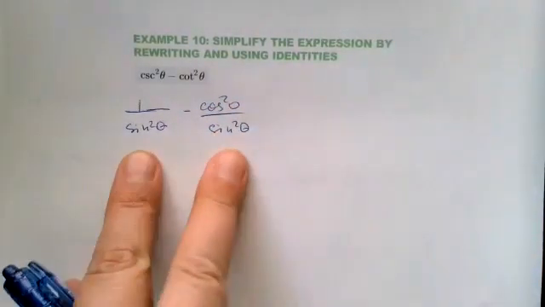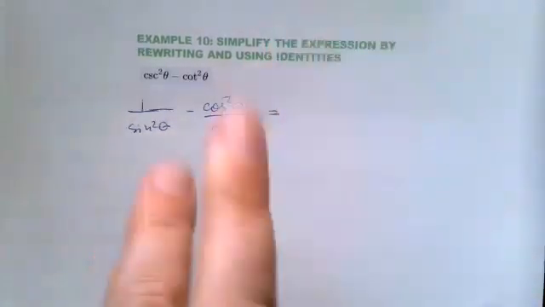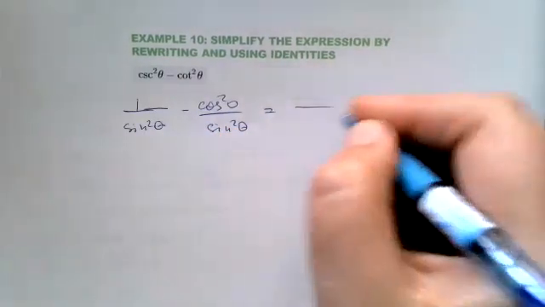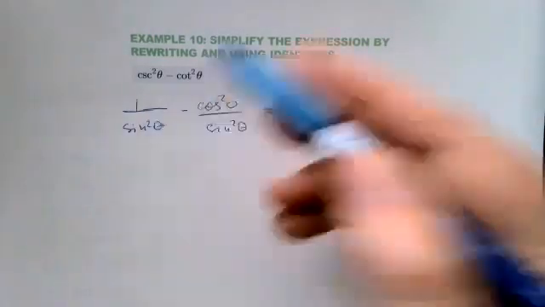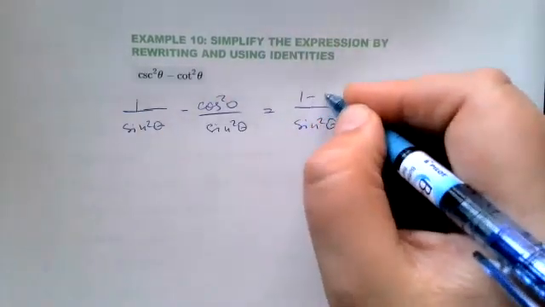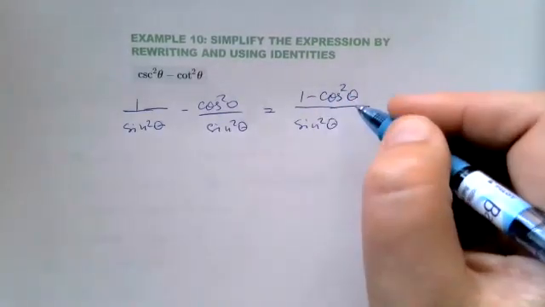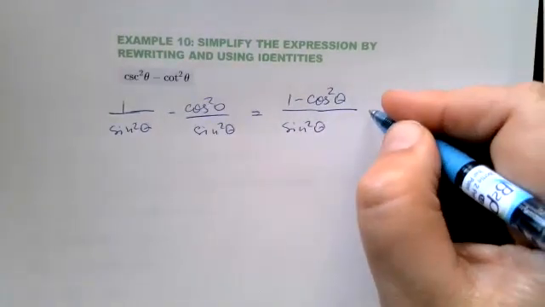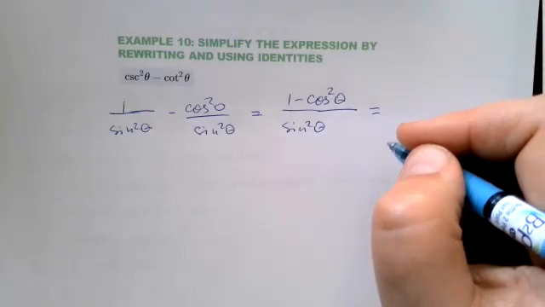So we have a common denominator here. So simplifying, this means that we can combine the fractions. We're going to have sine squared in the denominator. In the numerator, we're going to have 1 minus cosine squared theta. And that 1 minus cosine squared theta is our Pythagorean identity, right?